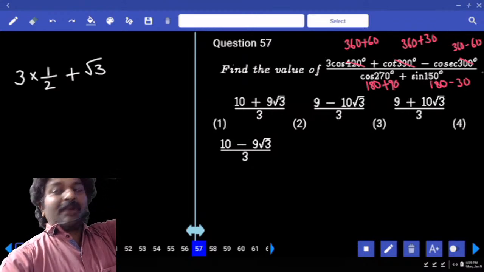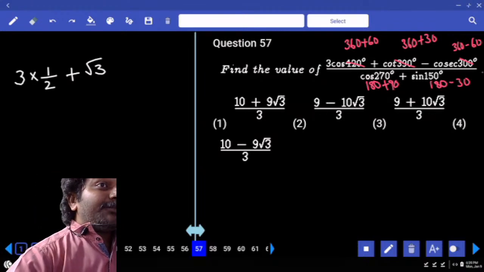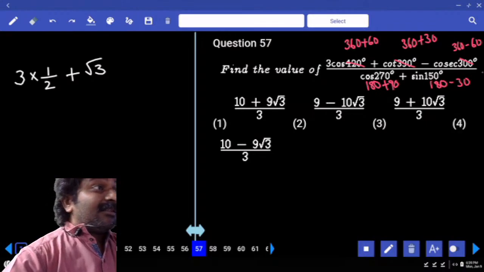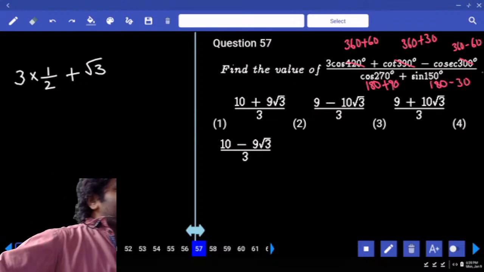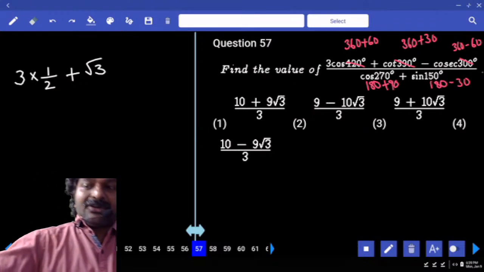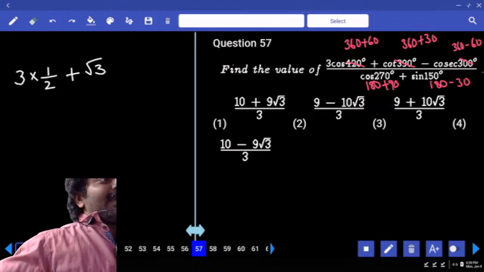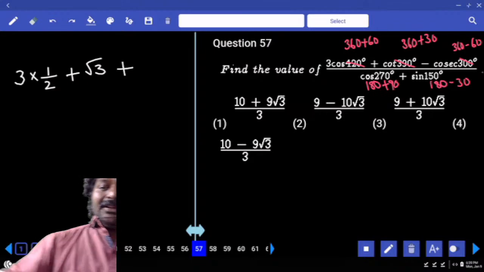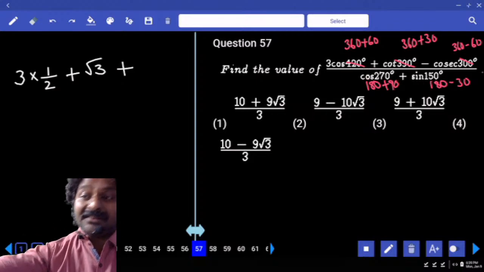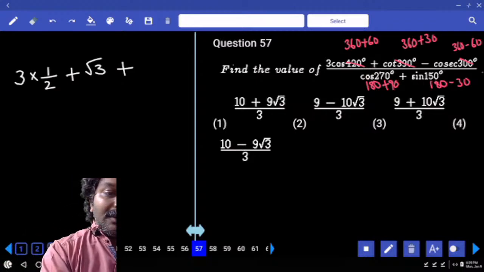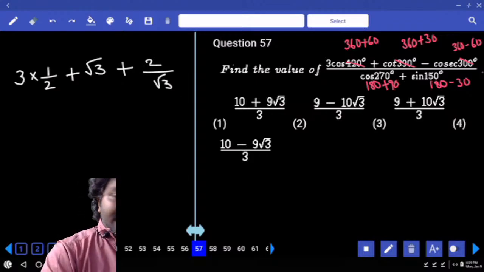Fourth quadrant. In the fourth quadrant, is cosecant positive or negative? In the fourth quadrant, cos and secant are positive. All silver teacups. So cosecant is negative. Already there is a minus symbol, so minus half minus plus. Cosecant 60, how much is that? 2 by root 3.